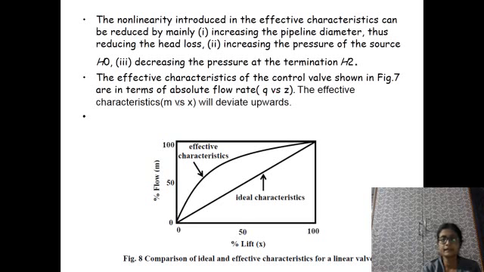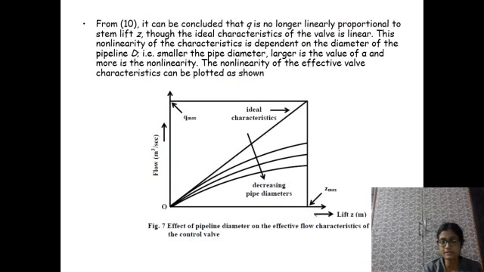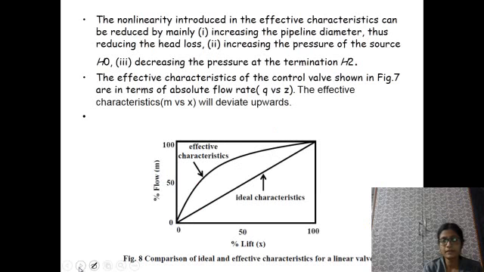The effective characteristic M versus X will deviate upward. The previous one was Q versus Z, flow versus lift. So if we draw the M versus X, that will deviate upward.